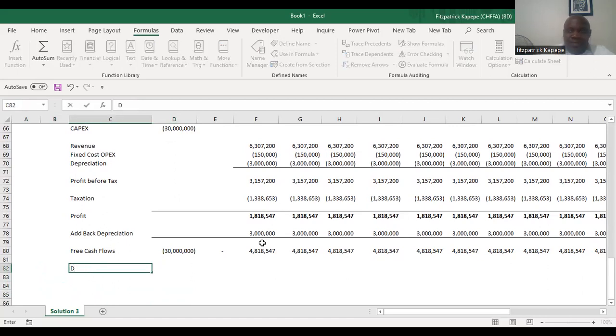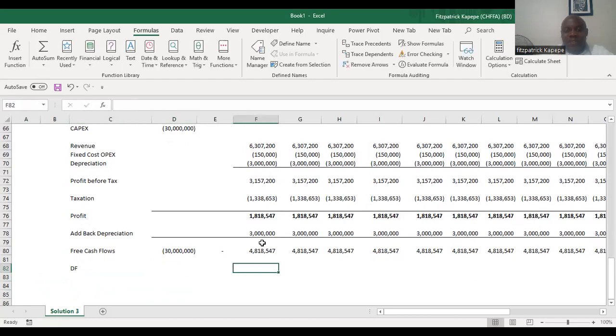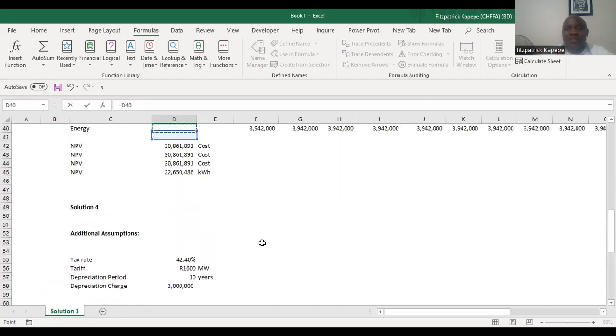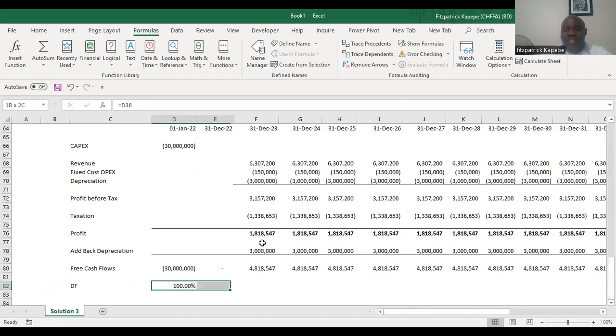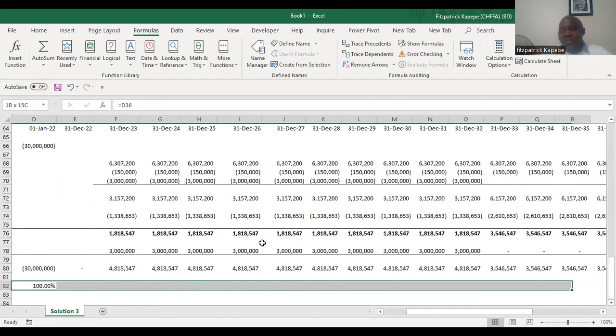Since your lecturer wants you to do your discount factor, we'll do just that. We'll pick these numbers from question 3. We already have them, so we don't need to start recomputing.